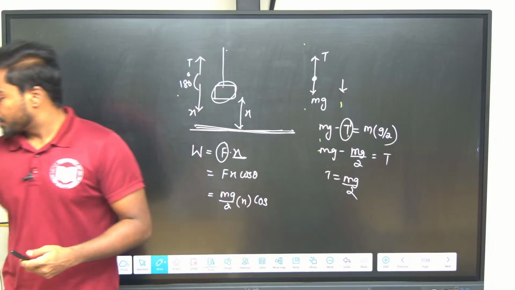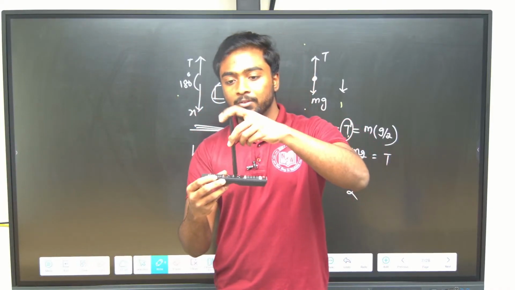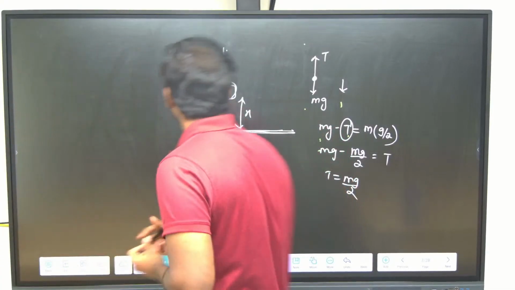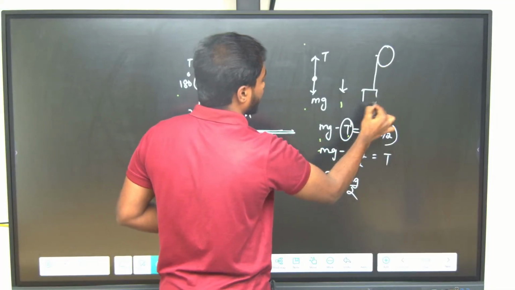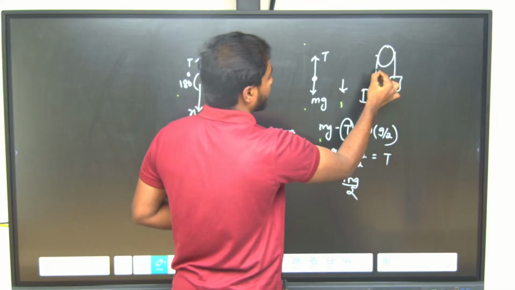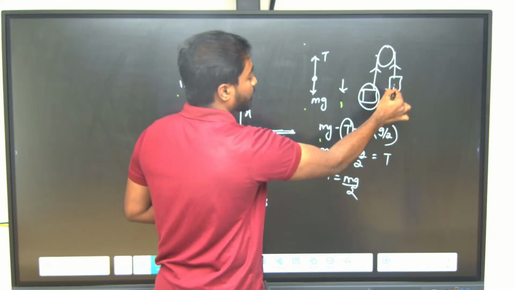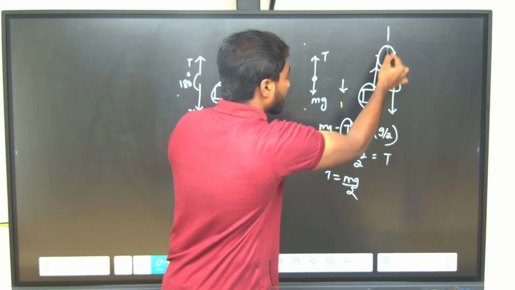See, if this is the mass block and this is the rope, if I leave the rope, the block goes down. For example, if this is my pulley and this is the block M and one more block M is there, tension will be there. If this block has less weight, it will automatically go down. Okay, we are considering only this part.